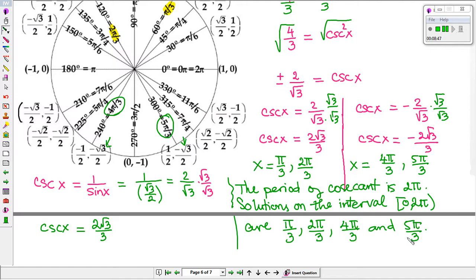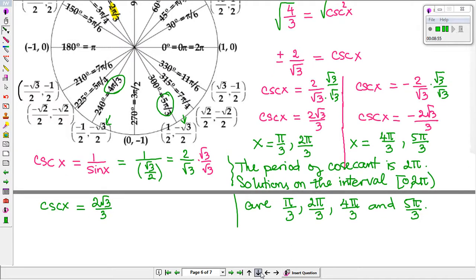Now what happens if we continue to rotate around the unit circle? Then our solutions will be infinite, because we're looking on the interval from negative infinity to positive infinity.